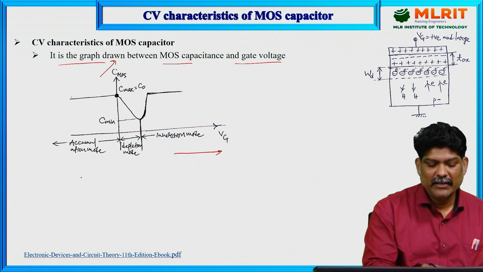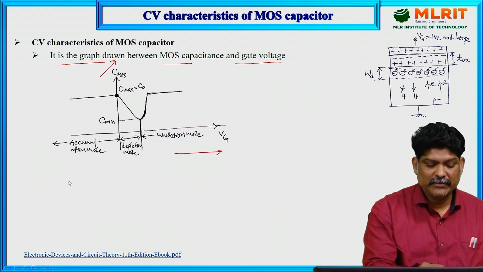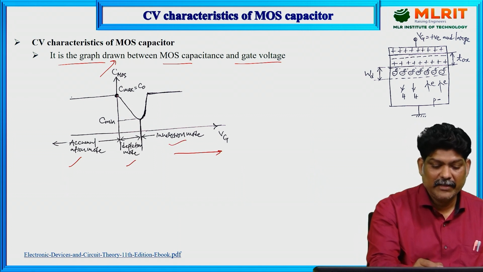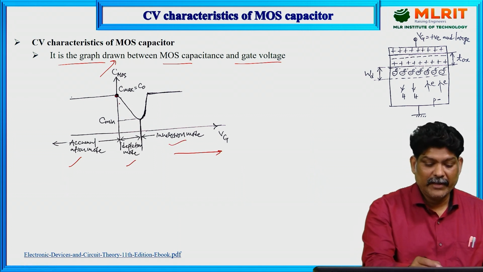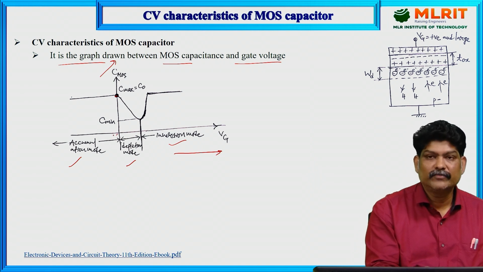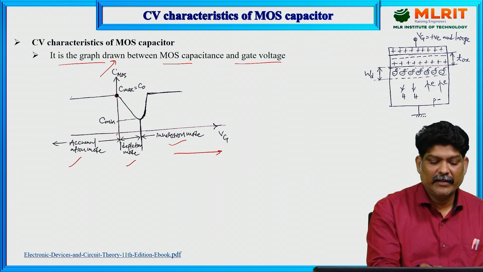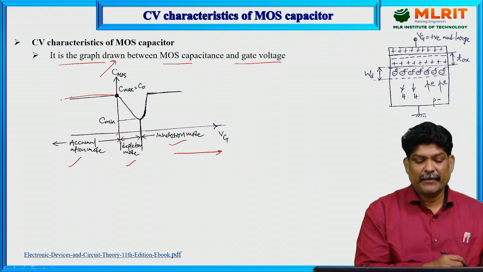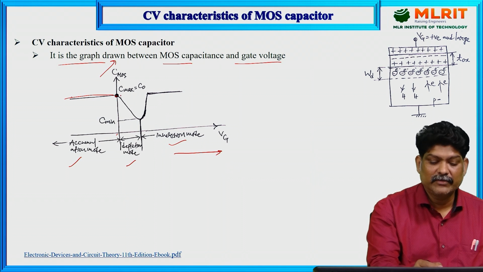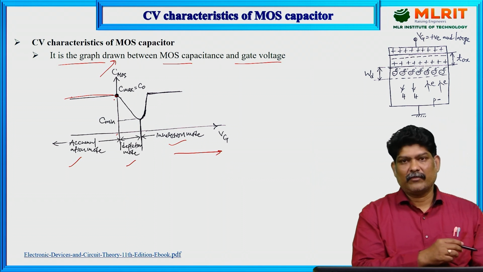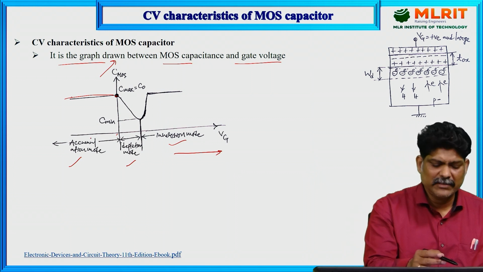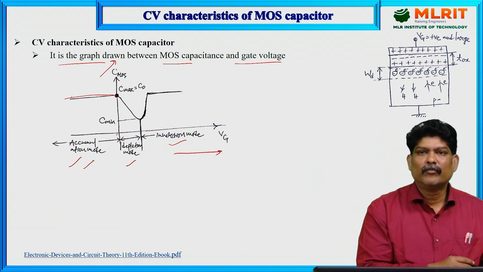If you observe, there are three different operating modes: accumulation mode, depletion mode, and inversion mode. When Vg is low, negative, we have a constant capacitance, C max equals C naught. The MOS capacitance equals the oxide capacitance when Vgs is negative. That is called accumulation mode.